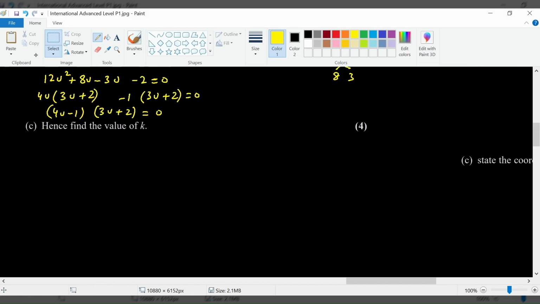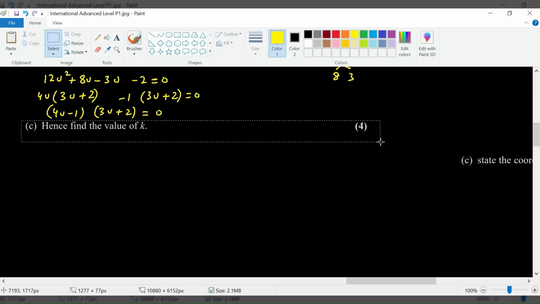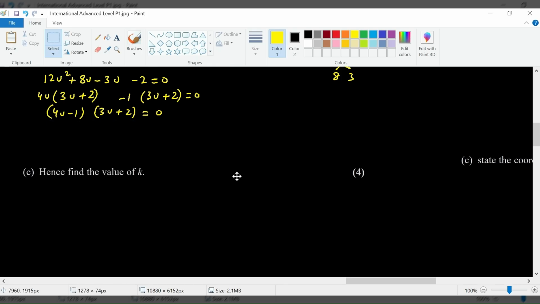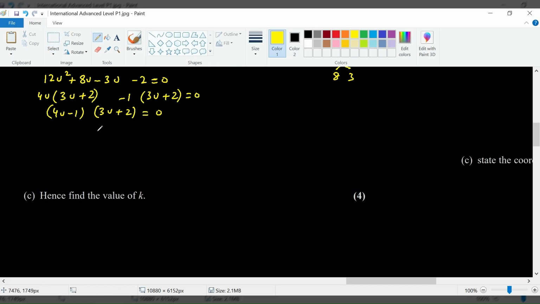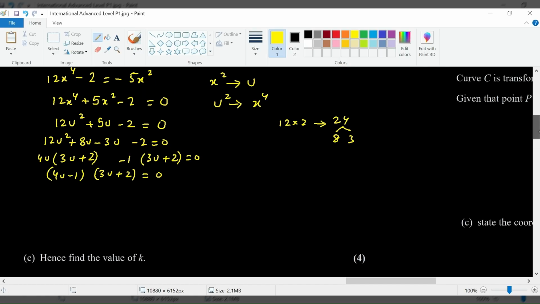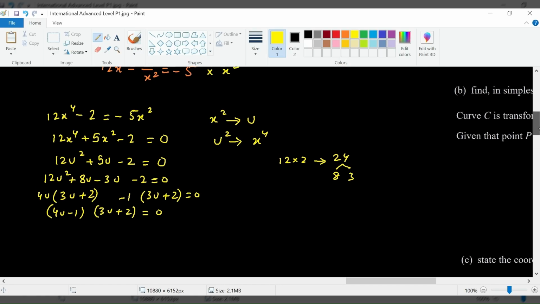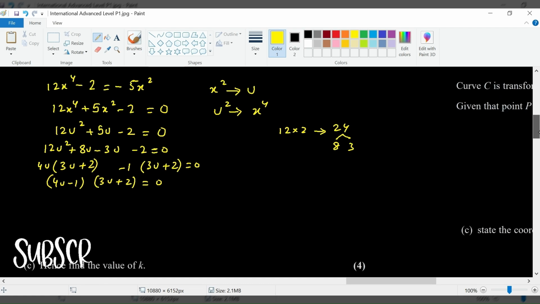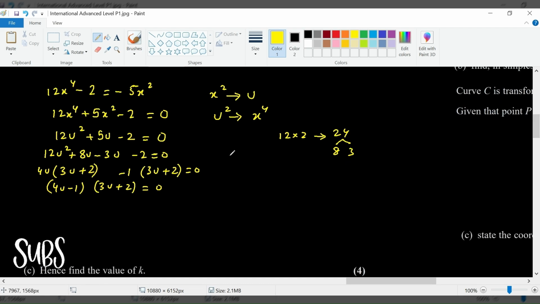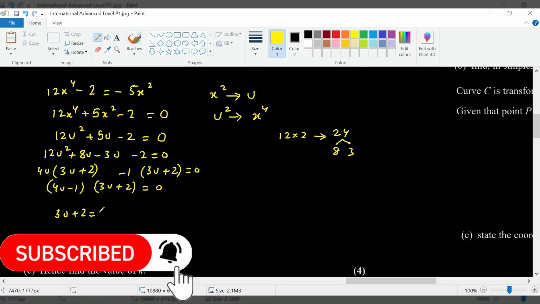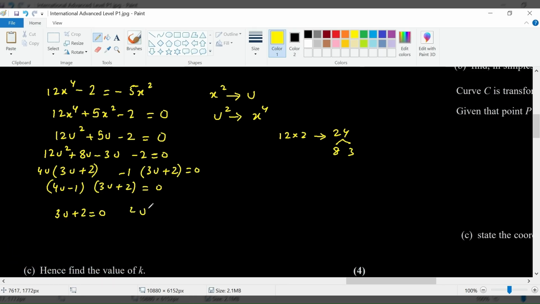Now I'll bring this a little down below to make room for my working. In here I can say 3u plus 2 equals 0 and 4u minus 1 equals 0, so 4u equals positive 1.